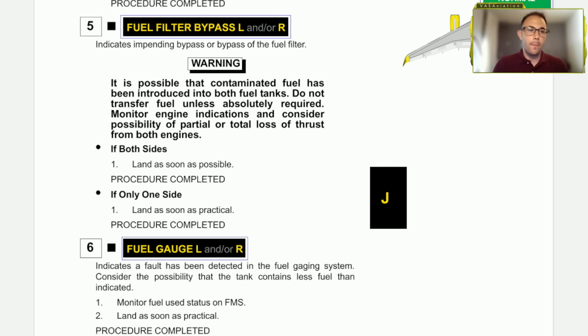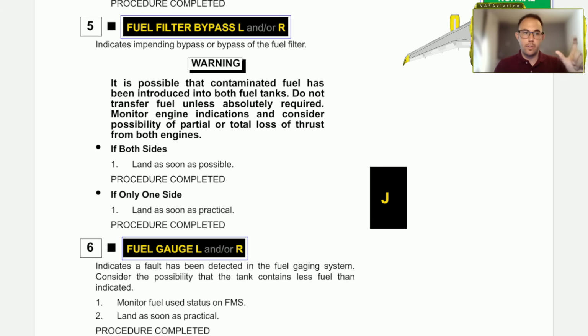It is possible that contaminated fuel has been introduced into both fuel tanks. Do not transfer fuel unless absolutely required. Monitor engine indications and consider possibility of partial or total loss of thrust from both engines. So basically, this message just indicates a potential fuel contamination inside of the aircraft that could eventually get into the engines.